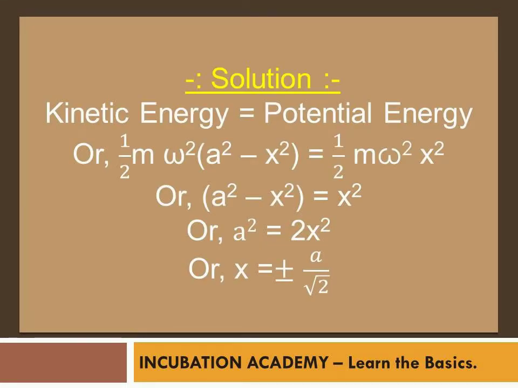If we equate the kinetic energy with the potential energy, then 1 by 2 m omega square within bracket a square minus x square is equal to 1 by 2 m omega square x square. 1 by 2 m can be cancelled from both sides, so we get a square minus x square equal to x square. So after the calculation we get x equal to plus minus a divided by root 2.